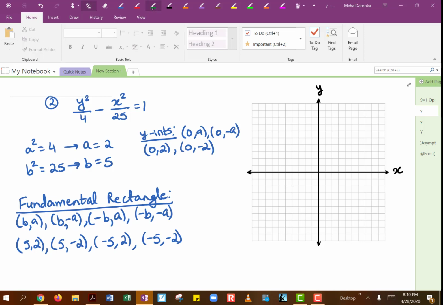So we've got positive 5 and positive 2, positive 5 and negative 2, negative 5, positive 2, negative 5, negative 2. So this here will form our fundamental rectangle. And then of course we go ahead and extend our diagonals.